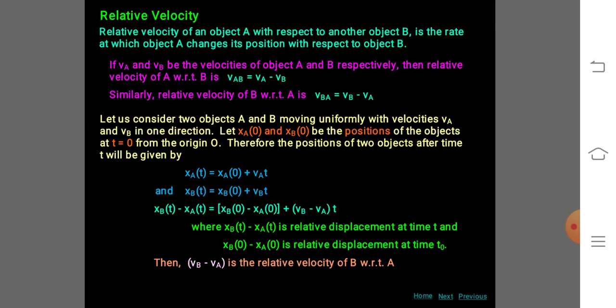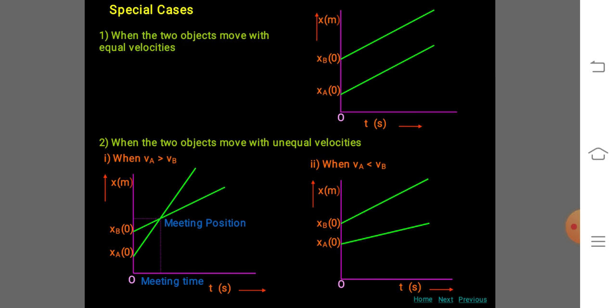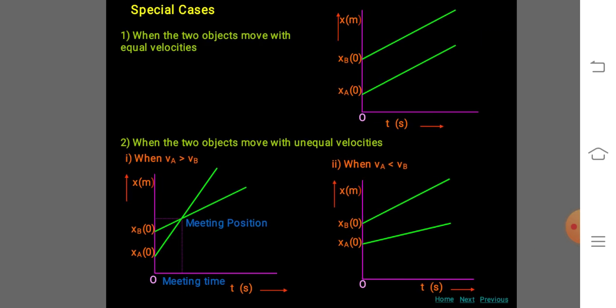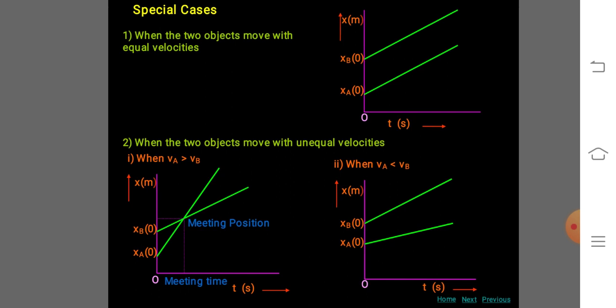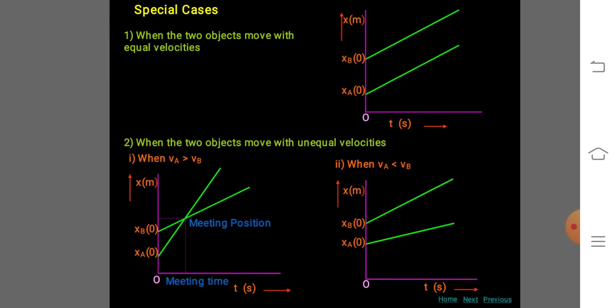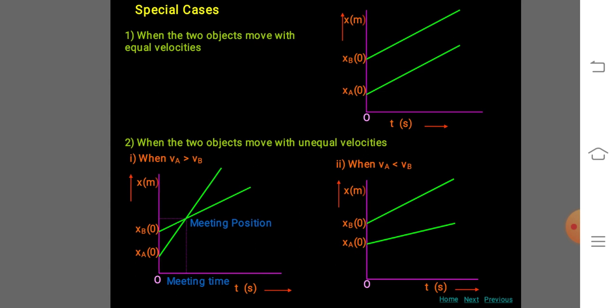Let us try to understand the graphs of it. See the special cases here. The first is when two objects move with equal velocity. We already studied the equation for it, VAB = VA − VB. Here the two velocities are equal, so VA = VB.